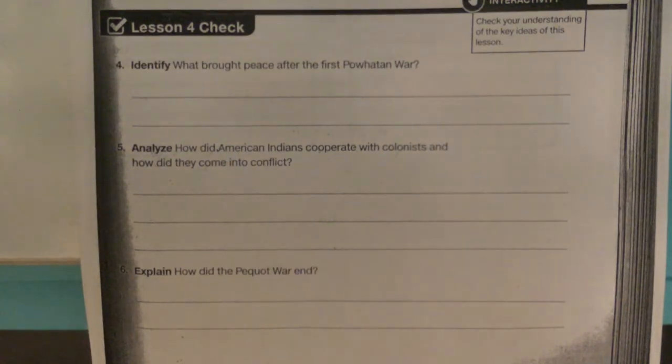You have to tell me how they helped them, but then also how did they come into conflict. And the last one is how did the Pequot War end? So what happened? That's going to be probably in your last remaining paragraphs right before King Philip's War. So that gives you a little idea of where to look for the information.